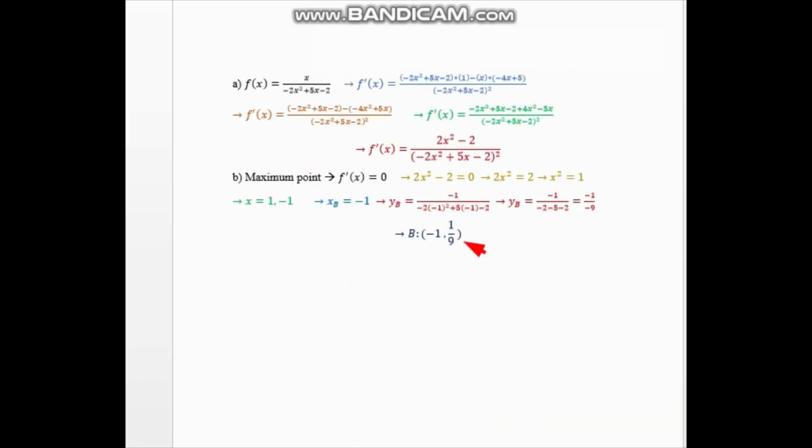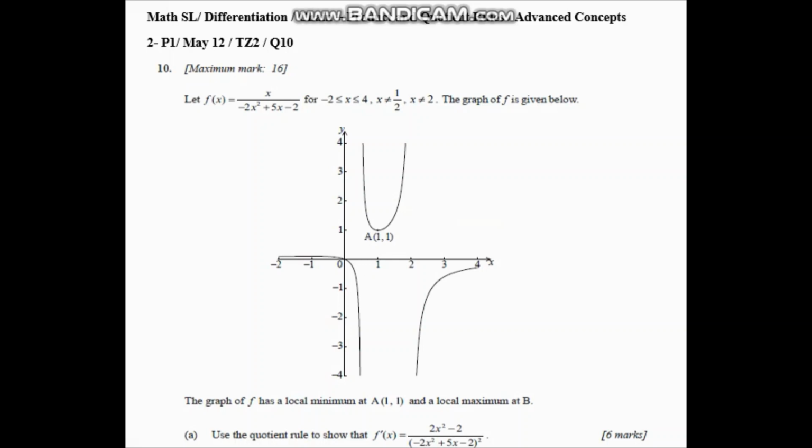So the y-coordinate of B is 1/9. So I have to lie below 1 and above 1/9, which is the y-coordinate of B. Hence, the boundary for K is to be between 1/9 and 1. So let's just write that down.